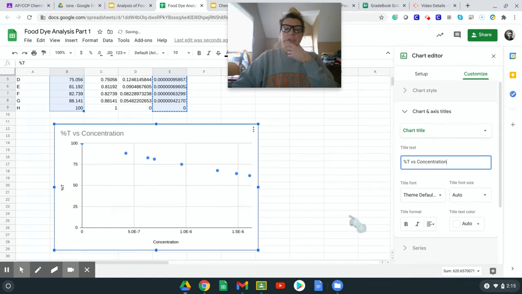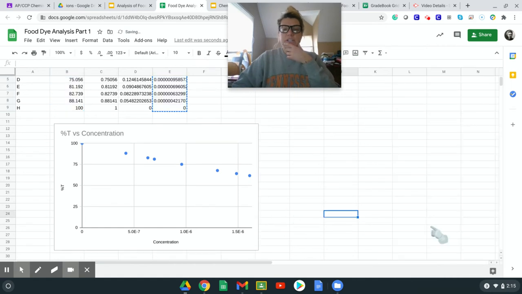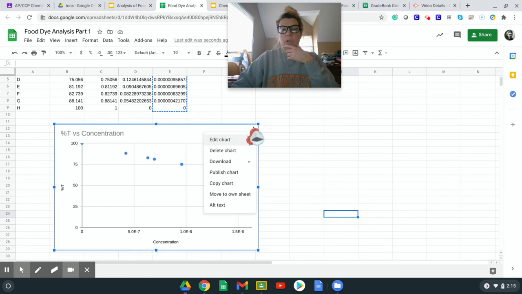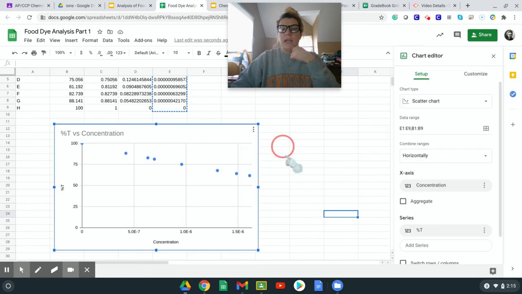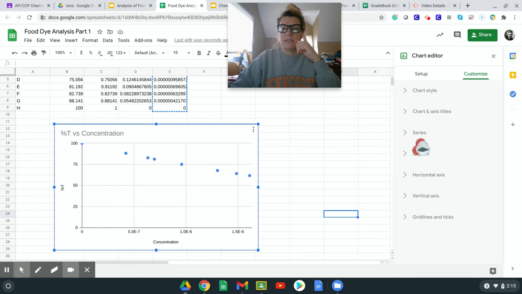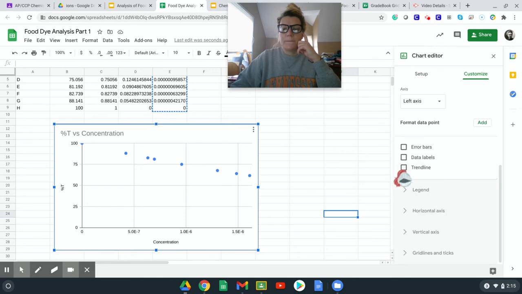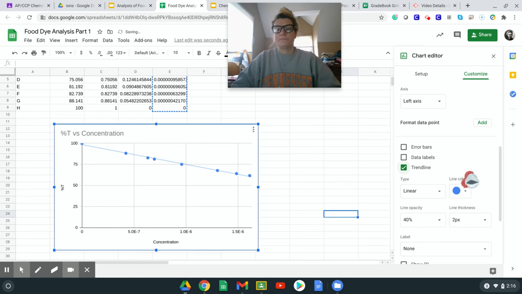Okay, and you're going to do the same thing for each one. Now, what you're also going to want to do for each of these is to plot a line of best fit. And in order to do that, we're going to go back into Customize, and I'm going to click on Series, and then scroll all the way down and hit Trend Line.